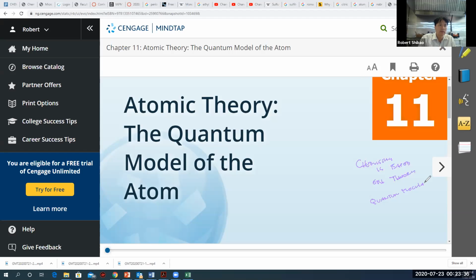Quantum mechanics gives a more fundamental description of what's going on with atoms, what's going on with the properties of atoms, molecules, whatnot. In other words, this is the theory that underlies chemistry.